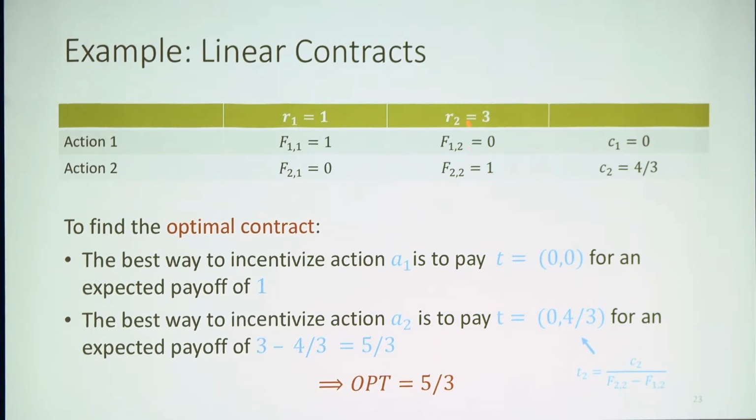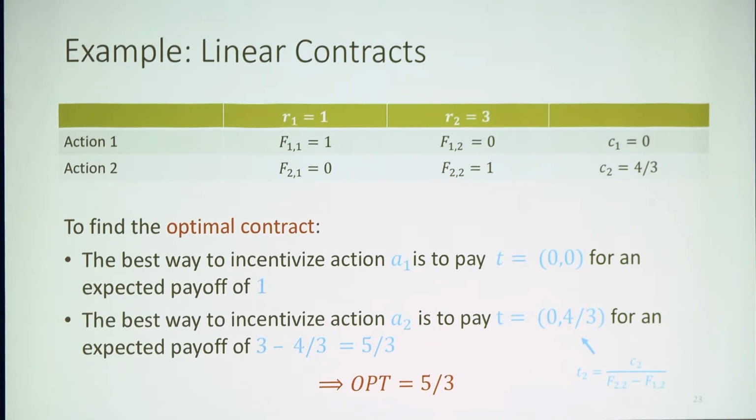So we just pay for this. In this case, it's outcome or reward 2. And then the payment would be just the cost divided over the difference in probabilities. So in this case, C2 over F22 minus F12, which is just C2 over 1, so 4 over 3. And then we're incentivizing action 2, and we get an expected reward of 3, paying 4 over 3. So the total would be 5 over 3, which is better than 1, so our optimum would be 5 over 3.